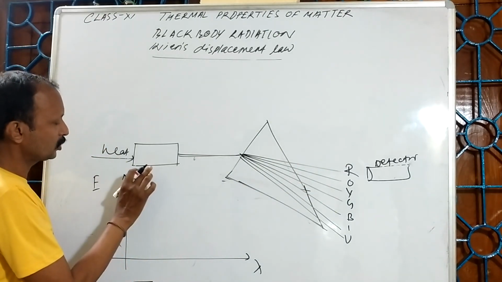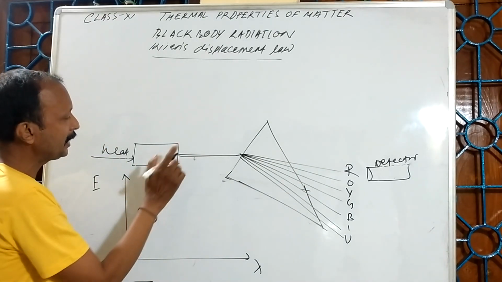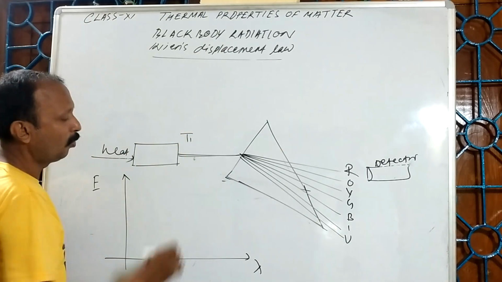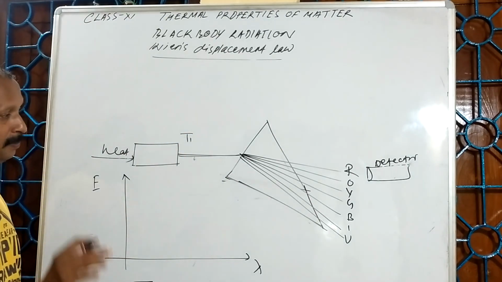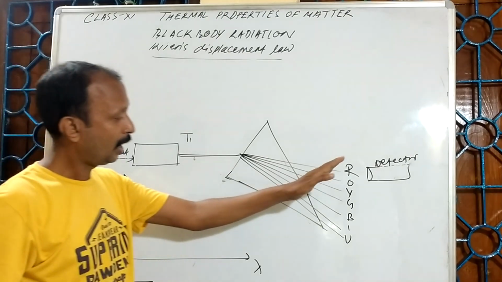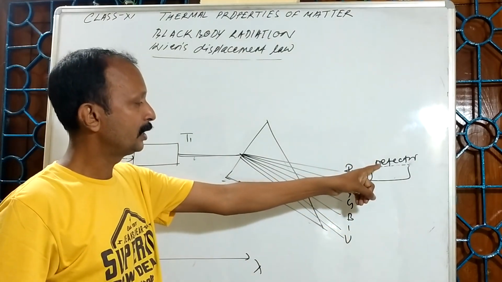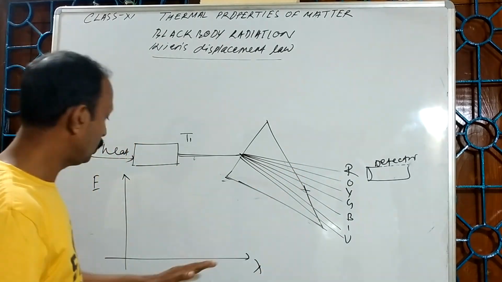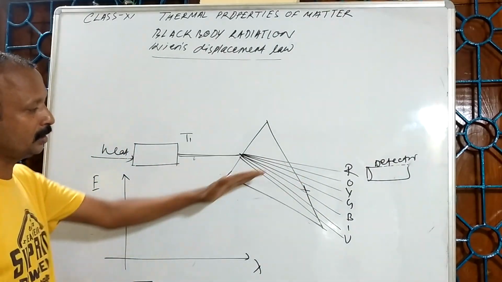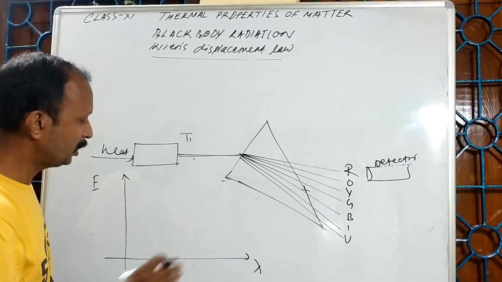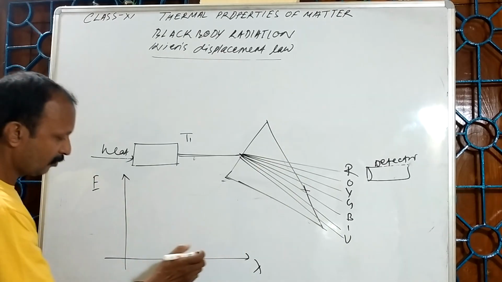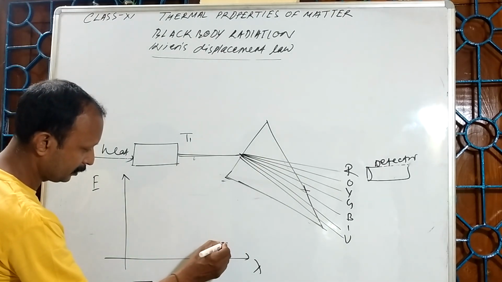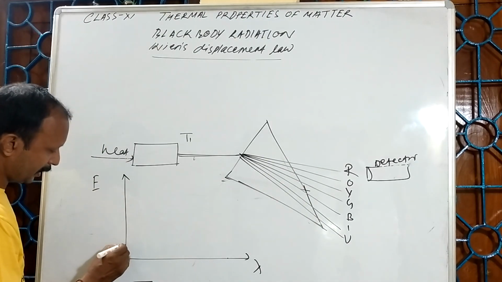Now, during the supply of heat, suppose it reached the temperature T1. At the temperature T1, I found the energy and the wavelength associated with those waves. So if I plot a graph, for example, this is the wavelength, this is the energy.